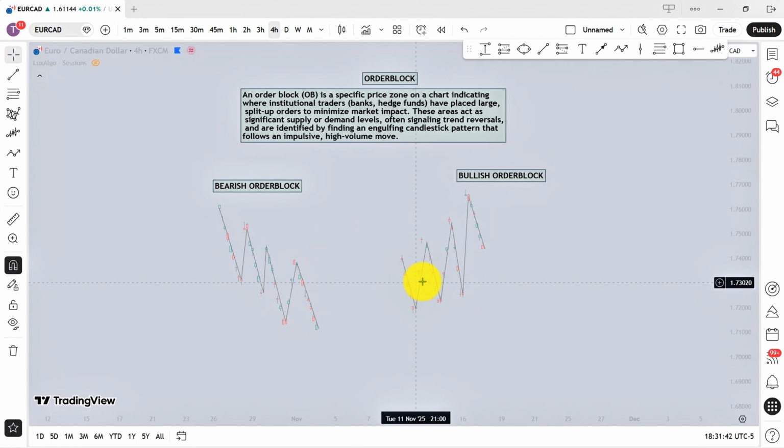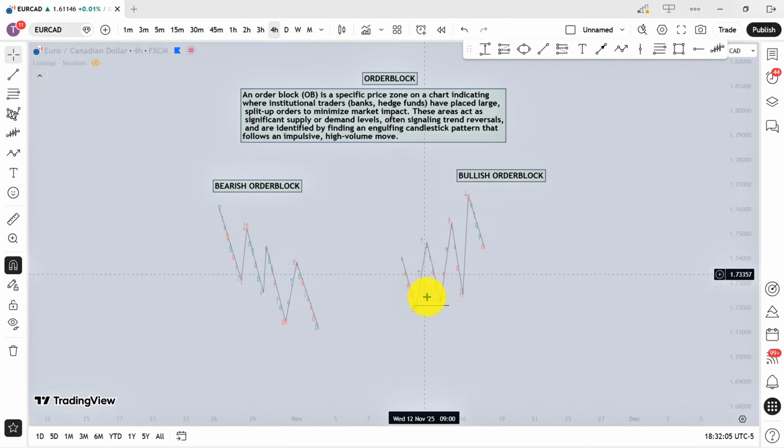If you want to trade a bullish order block, you have to look for the last down close candle, the last red candle before the aggressive push up. If you look at this pattern, they were selling aggressively. Then all of a sudden, this right here is the last red candle, the last sell before the momentum.